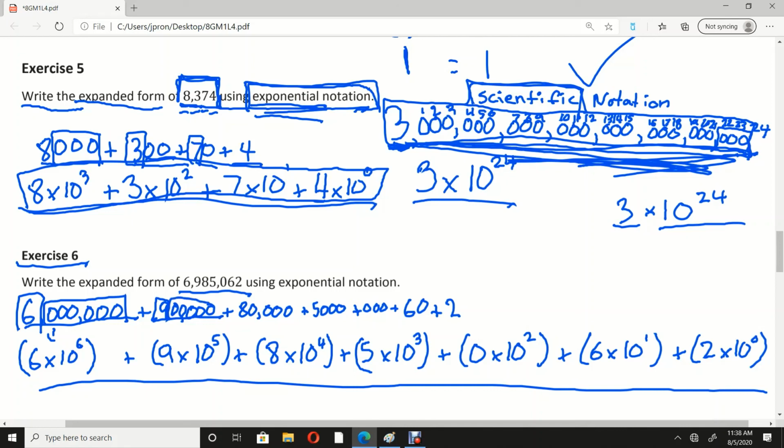There are 5. That is your exponent over the 10, so 9 times 10 to the 5th. Same thing, there are 4 zeros here. 8 is our first digit, so it's 8 times 10 to the 4th. 5,000, same thing. 5 is the first number. There are 3 zeros.